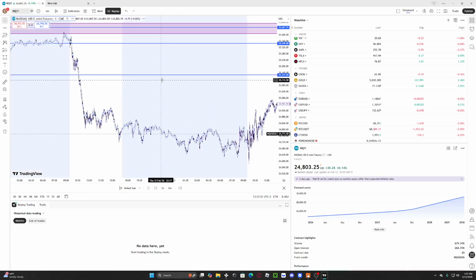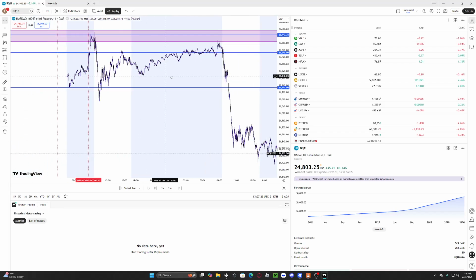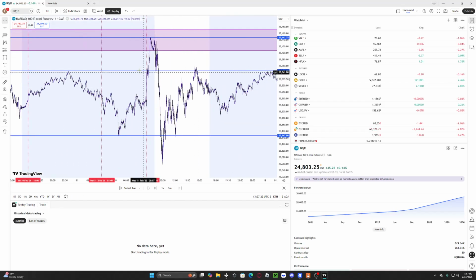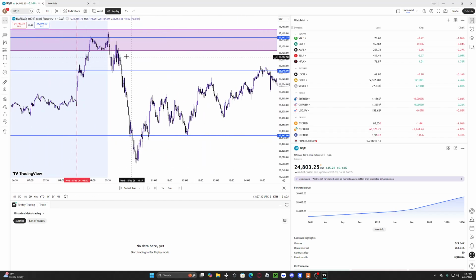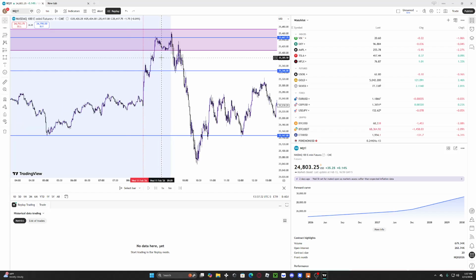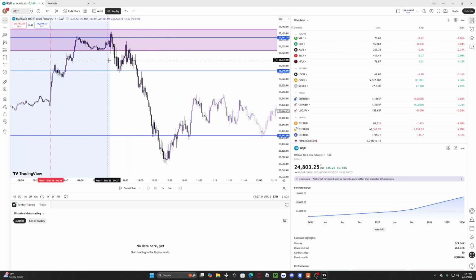Look for some confluence. I like to go off of fair value gap retracement, order blocks, and that's basically it. And equilibrium gives me even more confluence. And I would say, with the more confluence I have, I will increase my risk.